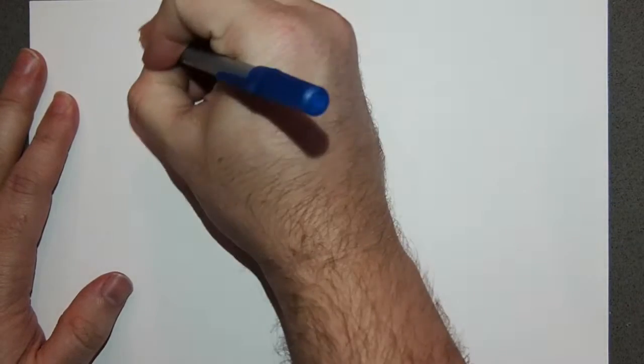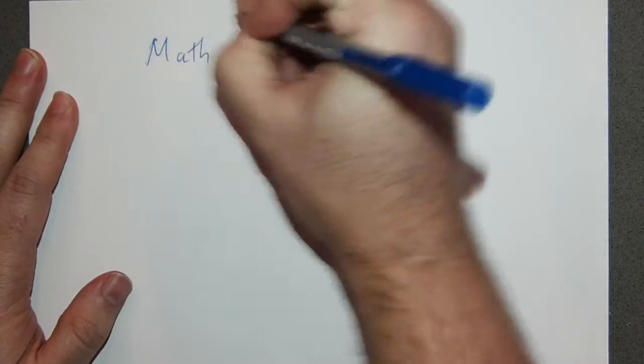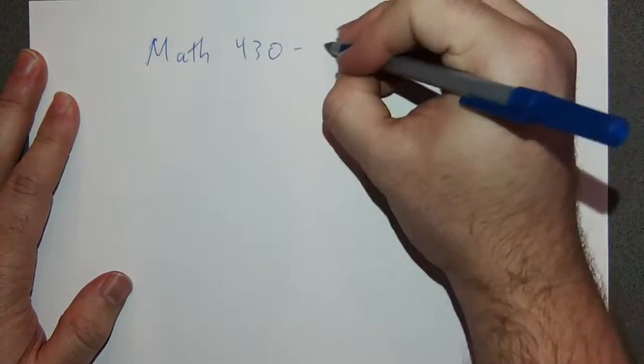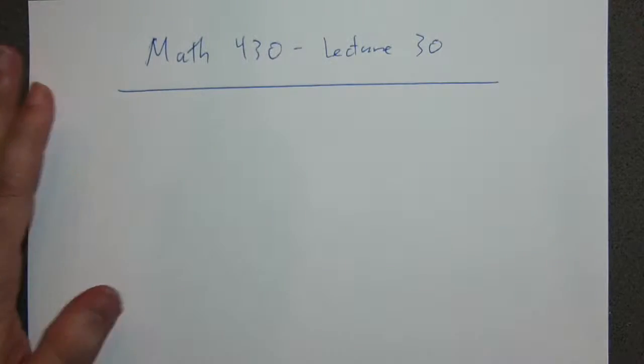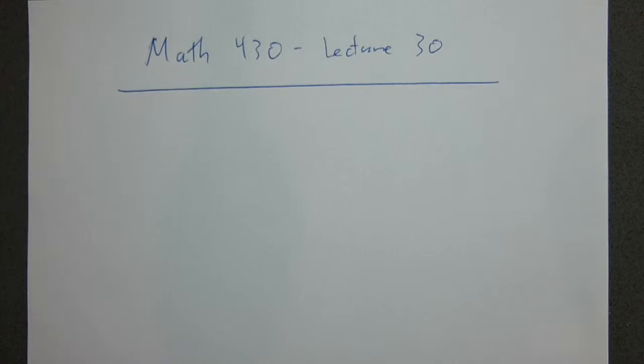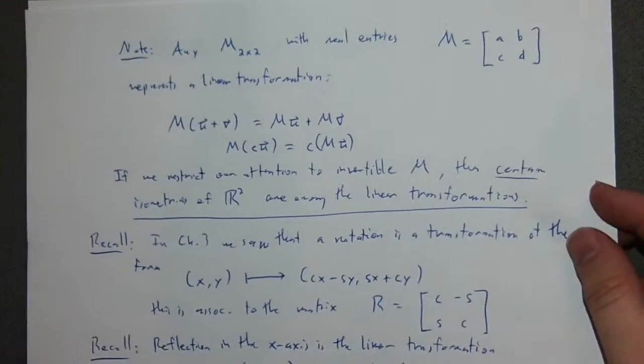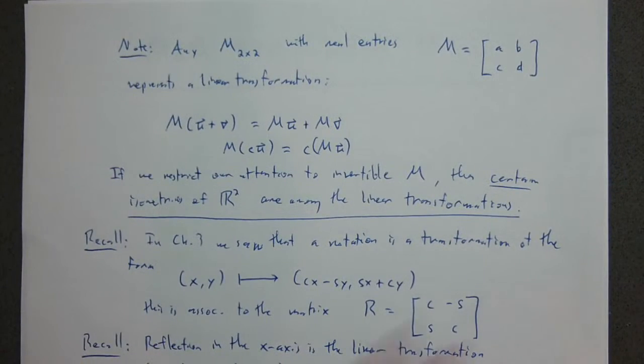So anyway, we're now on lecture 30. What we did last time was discuss how a matrix can be viewed as a linear transformation, under the right conditions in the opposite direction.